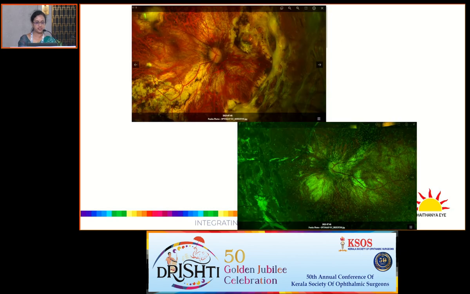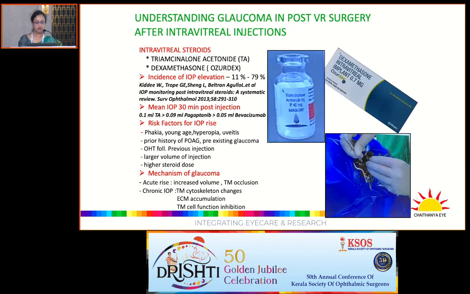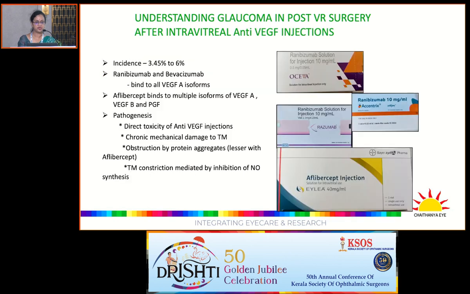This is a patient where I would like to show how inferior iridectomy helps. That's called the Ando's procedure, in a patient who underwent vitrectomy with buckle and is not having much damage to the discs. Post-injections of steroids, triamcinolone or Ozurdex, can produce a lot of rise, and the mechanism could be the injection-induced increased volume, and chronic IOP rise because of trabecular meshwork damage.